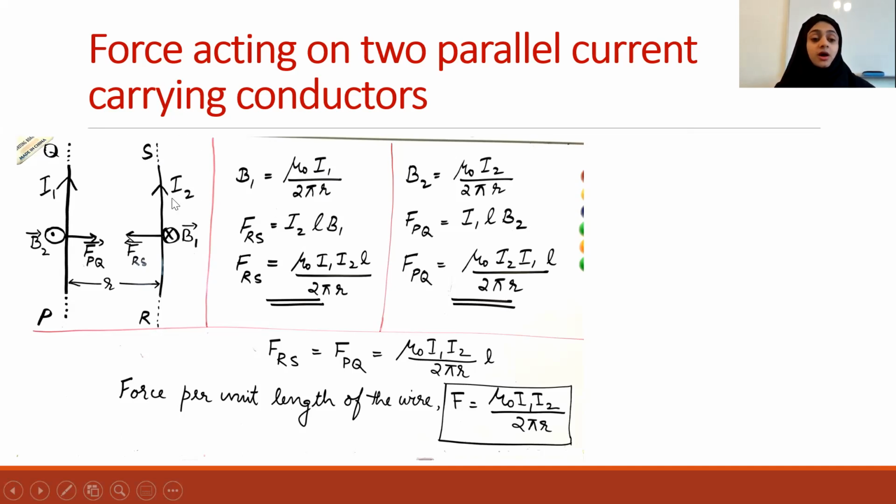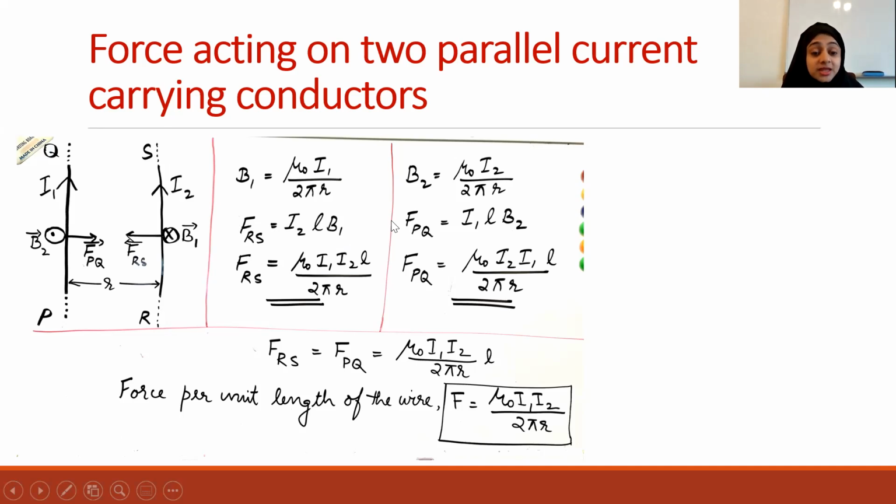We consider now that both these wires are very long or infinitely long and both of them have the same length L. So I have considered I2 L into B1, and B1 is the magnetic field where this wire RS is placed. So the magnitude of the force experienced by wire RS is I2 L B1.